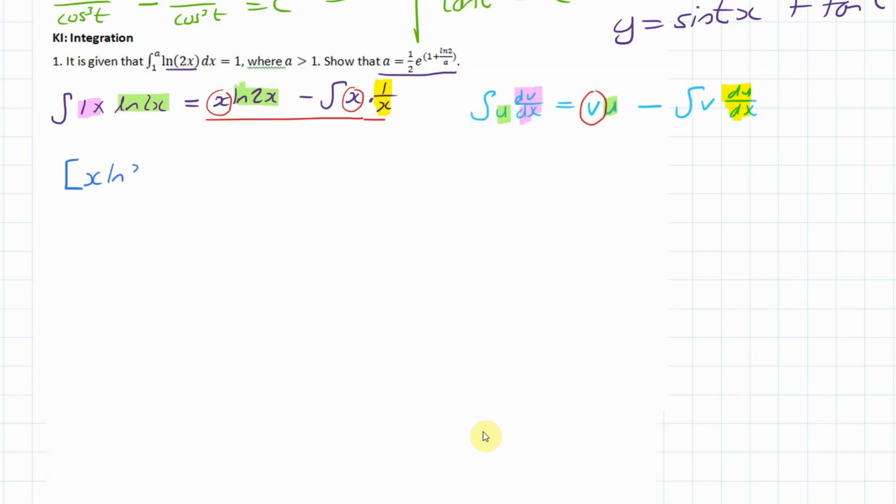x ln 2x, and then I'm going to differentiate this. So that's x over x, which is just 1. So when I integrate x over x is 1, integrate 1, and I get x. And I'm doing this between 1 and a.